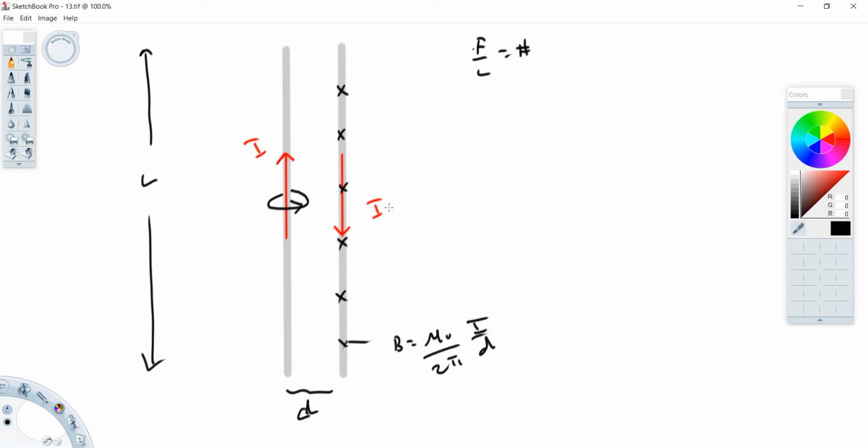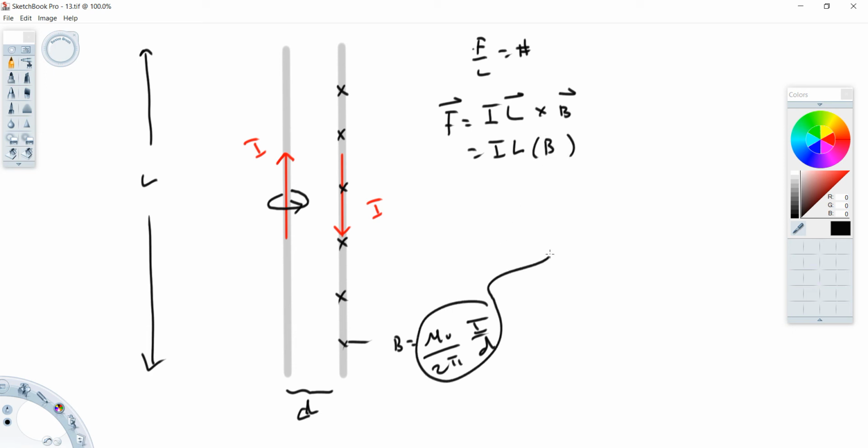All right, next you have this current now that's going to interact with these magnetic field vectors. And the magnetic force on a wire is IL cross B. I is this current, L, whatever the length of the wire is, times B, times the sine of the angle between the I and the B. Now this current is in what I would generally call the minus J direction in a standard X, Y, Z coordinate system.